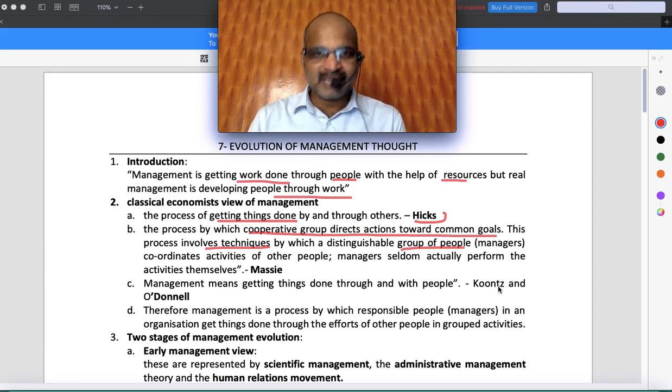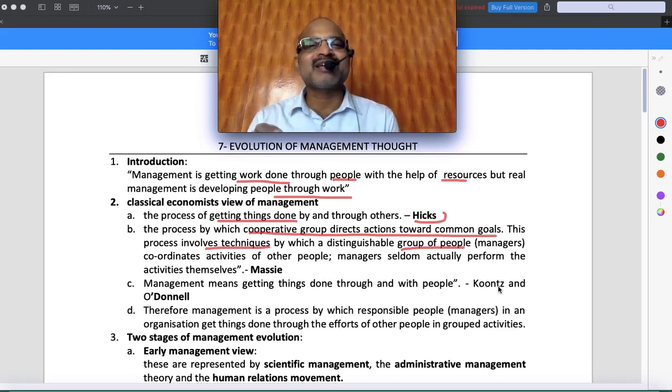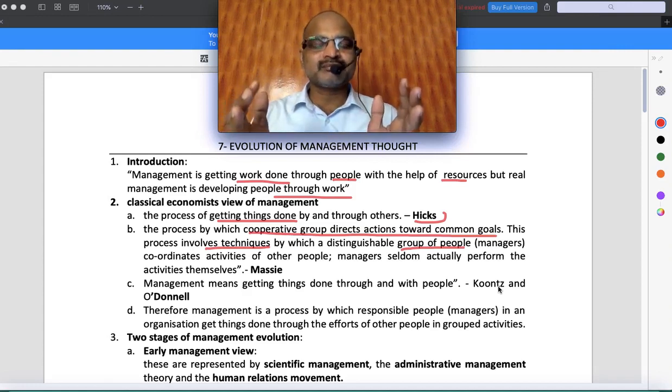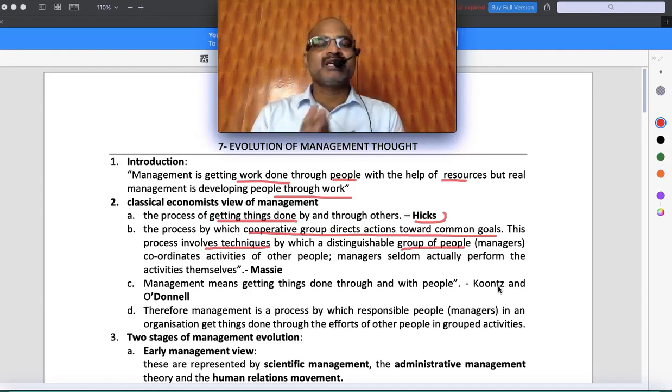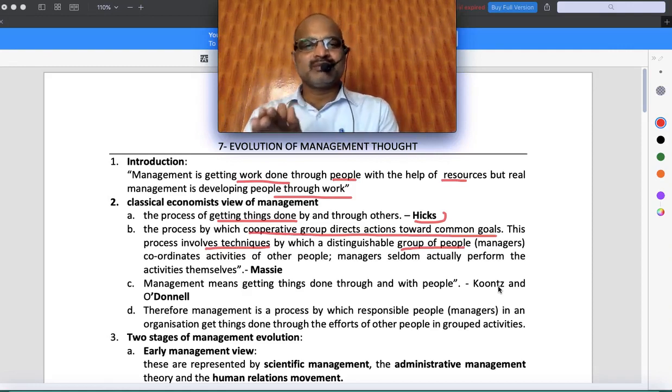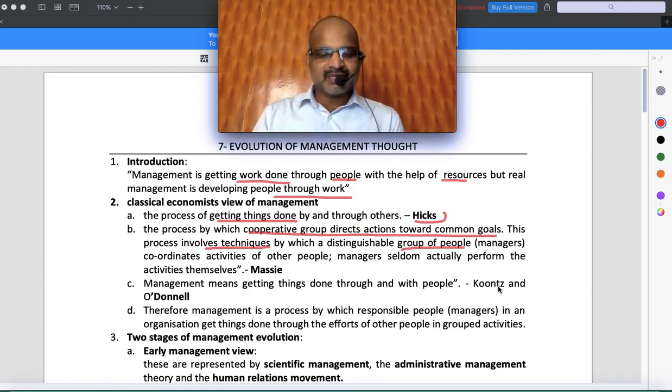Second point, there are activities. So we need resources, we need coordination, we need a group of people. Again, in the first point, in one line, he says management is about getting things done with the help of other people. The second point is that management is a coordinated effort where we have a group of people, we have techniques, various activities, and various groups of people, and all of these people are going to have coordination.